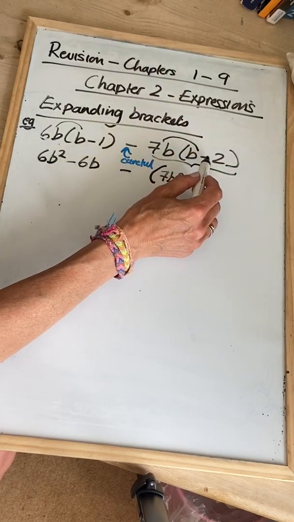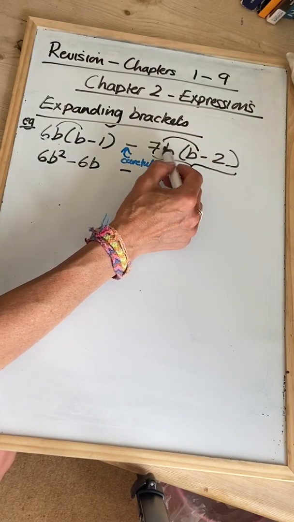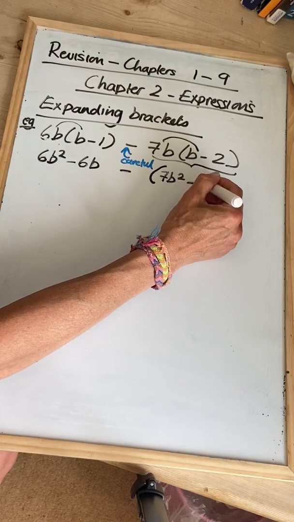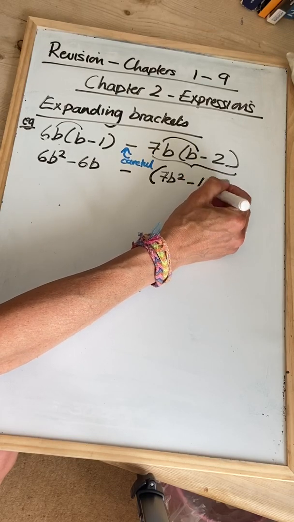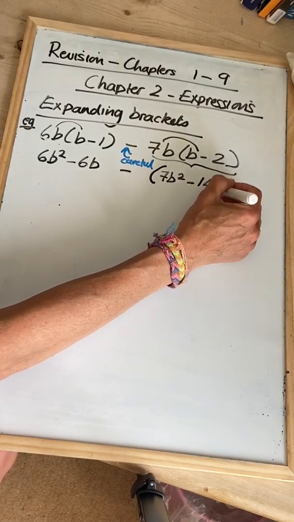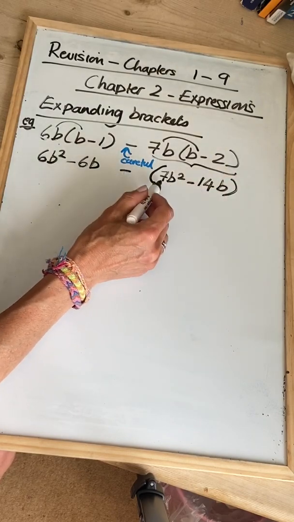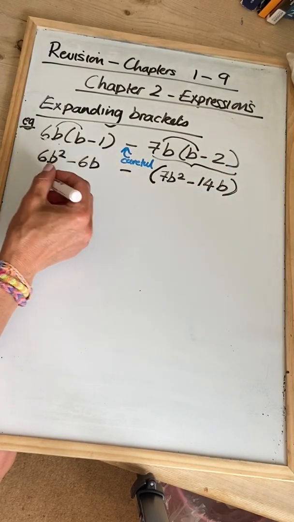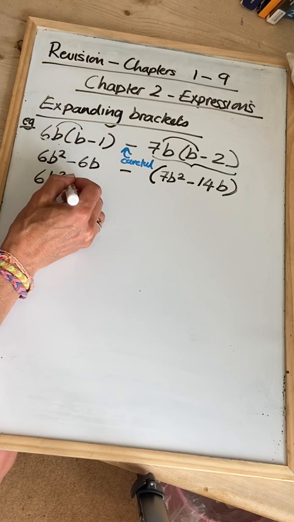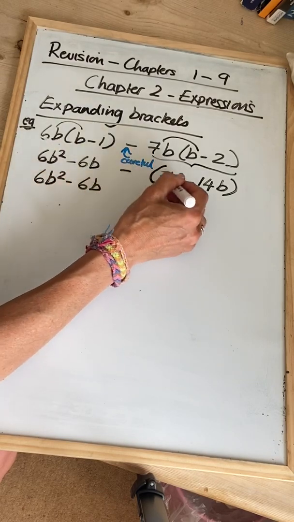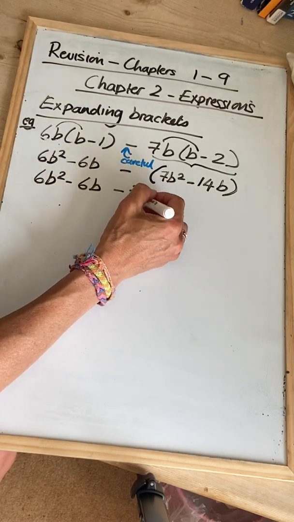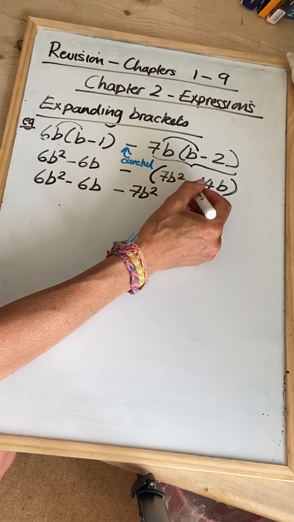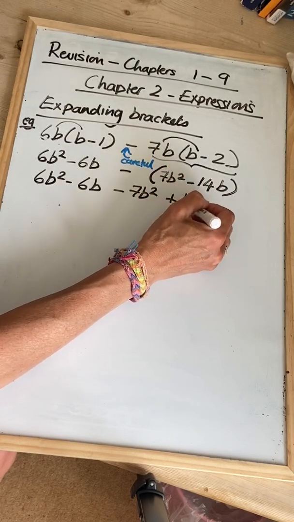And 7b times minus 2, the 7 and the minus 2 are multiplied together to give you minus 14b. Now we'll multiply through by this negative, yeah? So I've got 6b squared minus 6b minus 7b squared, minus minus, which is a plus, we know, 14b.